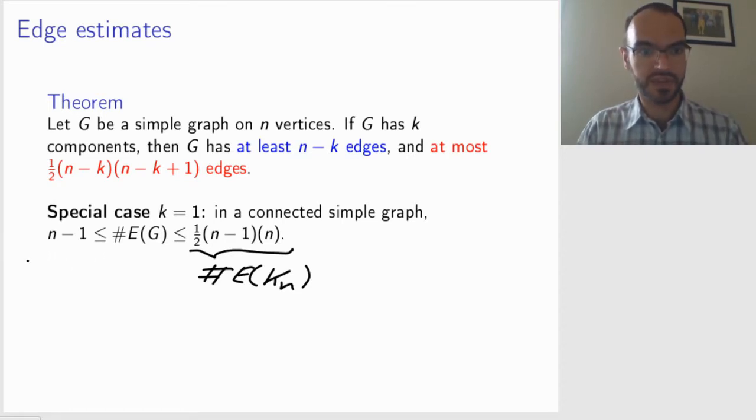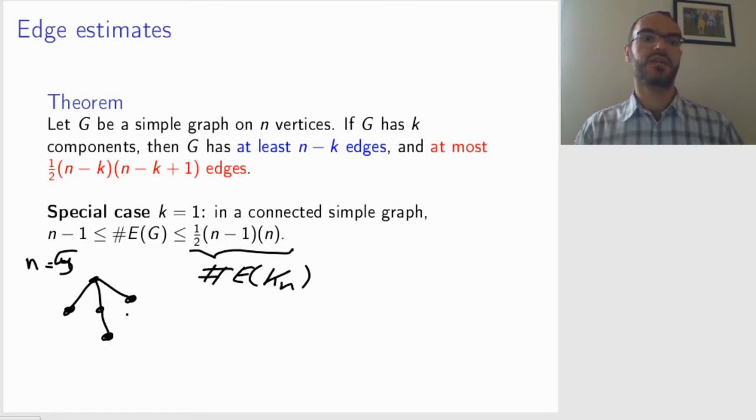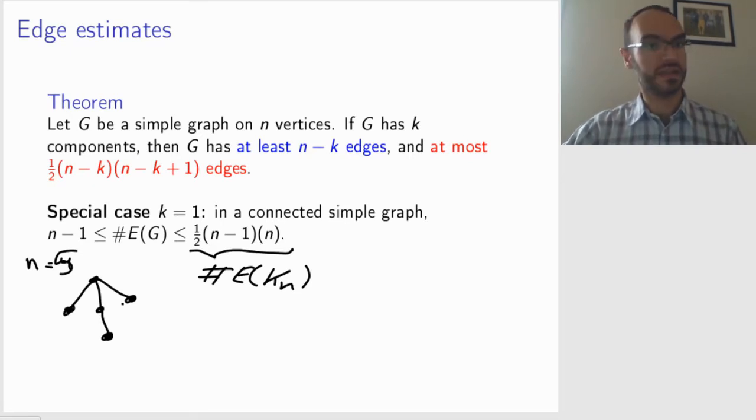So for example, if n is equal to 4, we have this kind of graph, or say n equals 5 to make it more interesting, something that looks like this. It has 4 edges, and none of them are in a cycle. Such graphs are called trees, and they will be the topic that we will study in the next chapter.